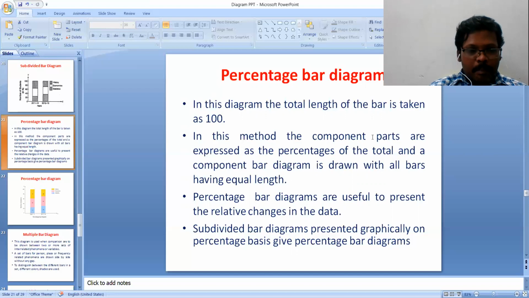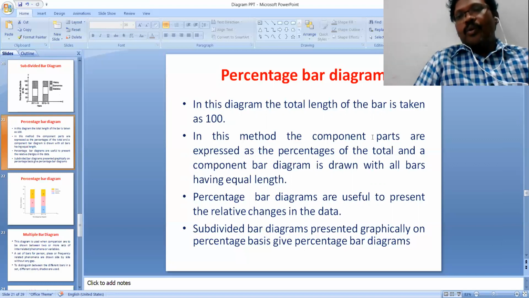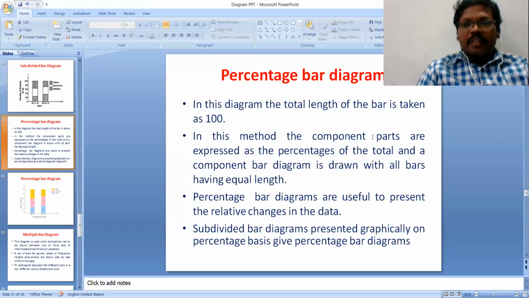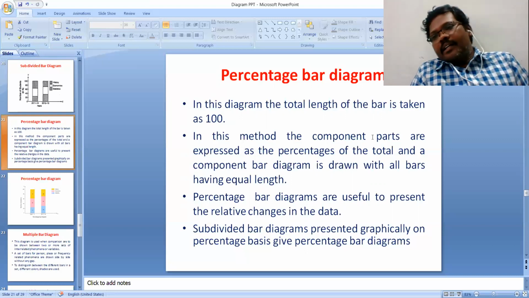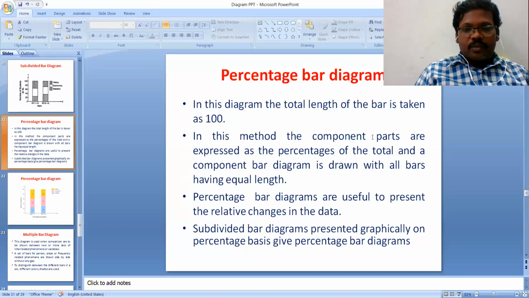The percentage bar diagrams are useful to present relative changes in the data. Whenever the data changes, to explain that relative change, the percentage bar diagram is very easy and important to use. Subdivided bar diagrams presented graphically on a percentage basis give the percentage bar diagram.